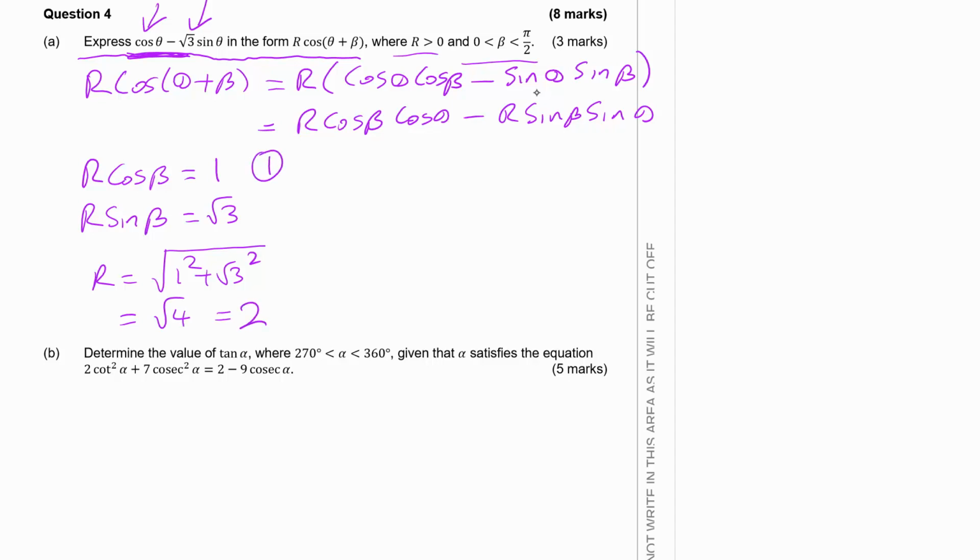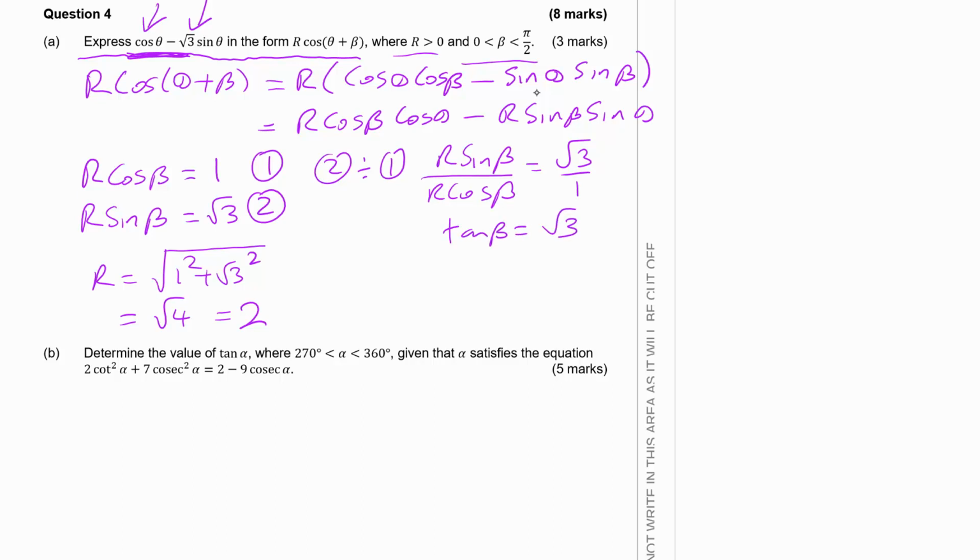And then if we call this 1 and 2, if we do 2 divided by 1, that gives me r sine beta over r cos beta is equal to root 3 on 1. So tan beta is equal to root 3, giving us that beta is pi by 3 radians. So our answer is 2 cos(theta plus pi by 3).